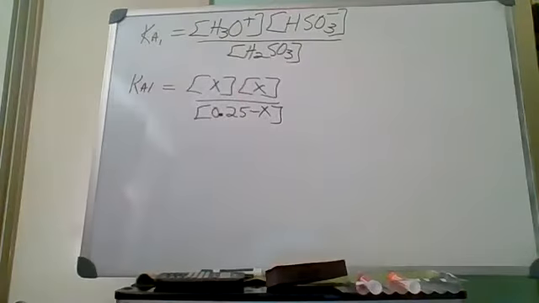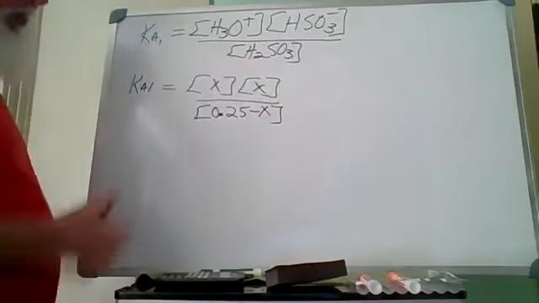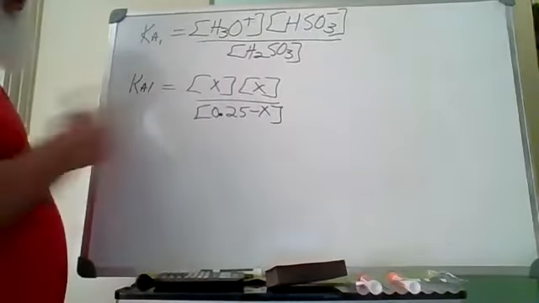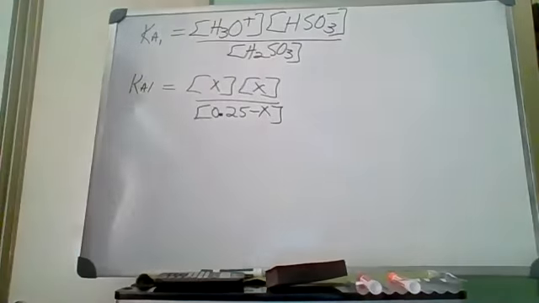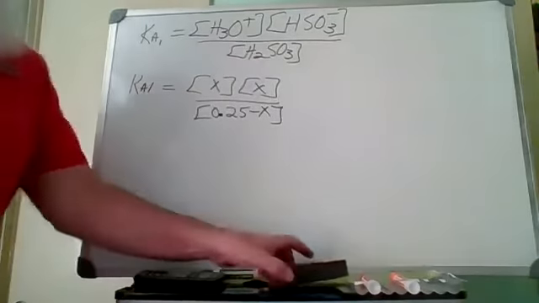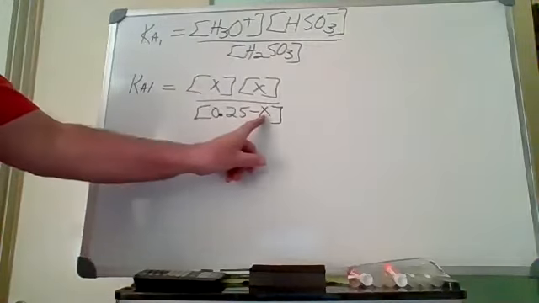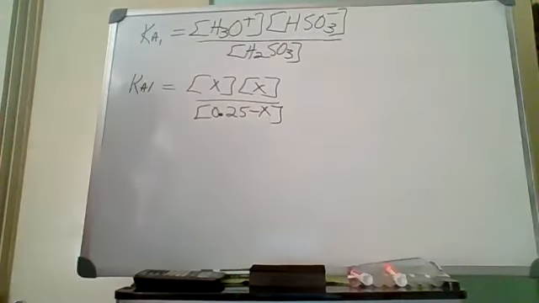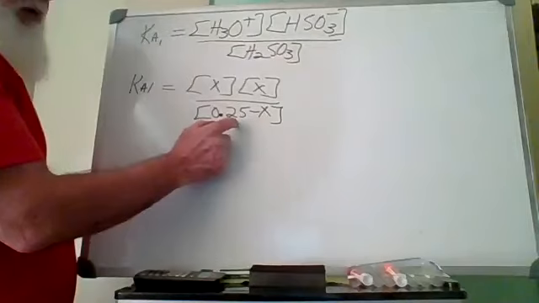Now, this is looking like it's going to be a quadratic, because I have an x squared term here and an x term here. But last class, we saw an approximation method that would tell us when we can drop this minus x. In other words, when is x much, much smaller than 0.25?